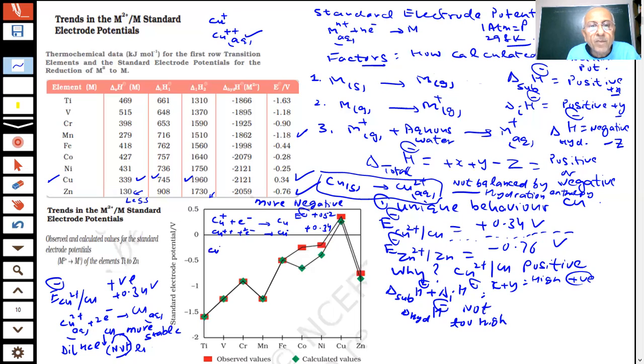So copper 2 plus is more stable in aqueous solution, because electrode potential values are given in aqueous, students. So copper 2 aqueous is more stable than copper plus 1 aqueous. These values are reflected by their electrode potential values. So the lower the electrode potential value, the more stable is that oxidation state. Everything we have to think and apply our mind, students.